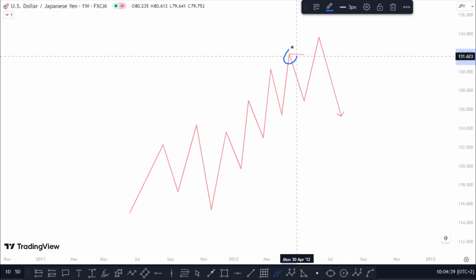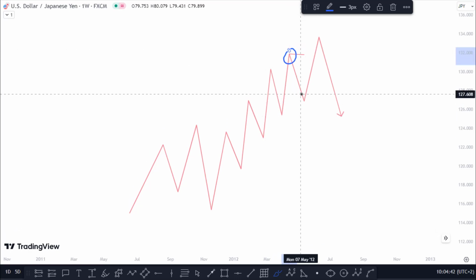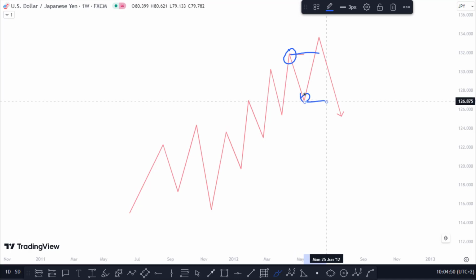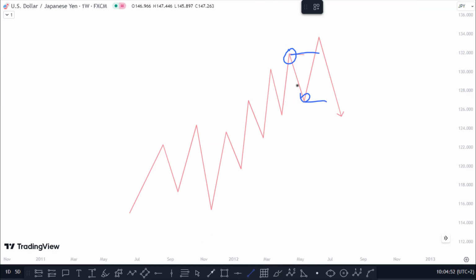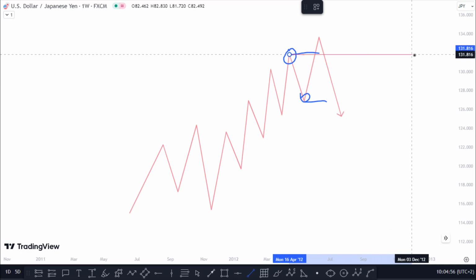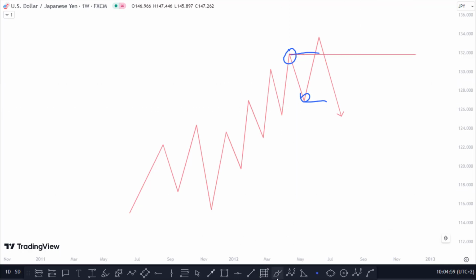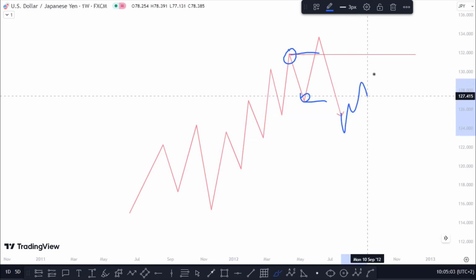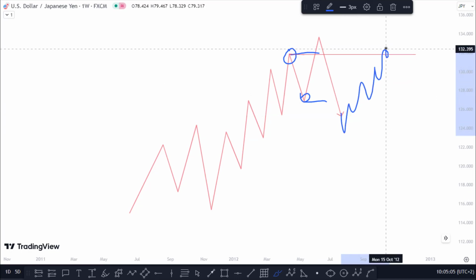So where is the invalidation point? You look at the last high and low that were broken. This is the last high, this is the last low that were broken. So this was broken here and this one was broken here. So here, this is going to be your invalidation point.